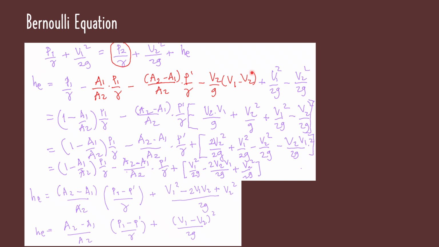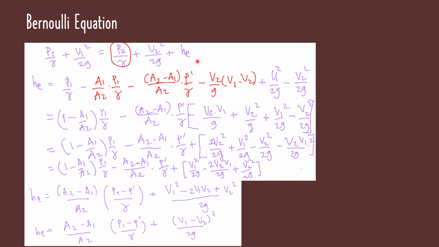And from the Bernoulli equation, in pipe 1 and pipe 2, we have the total energy of pressure head and velocity head, plus don't forget to add the energy losses. In this chapter we will focus on minor losses.